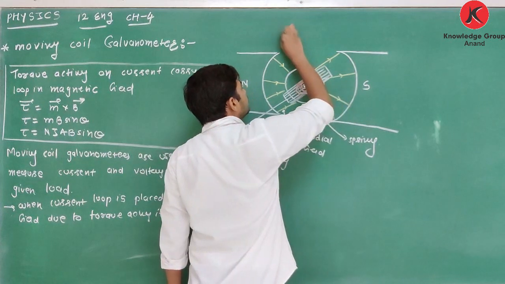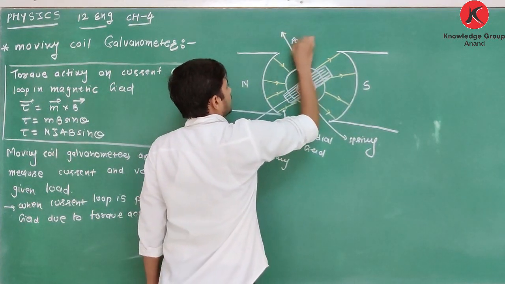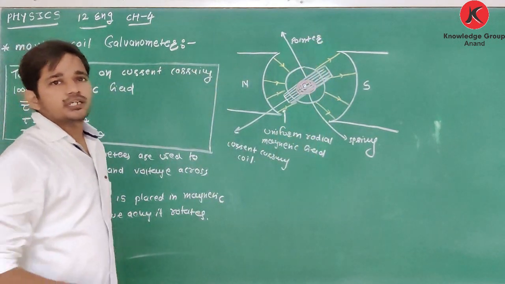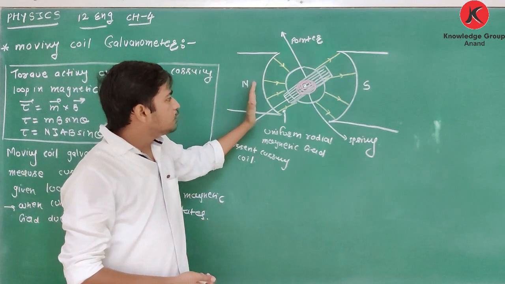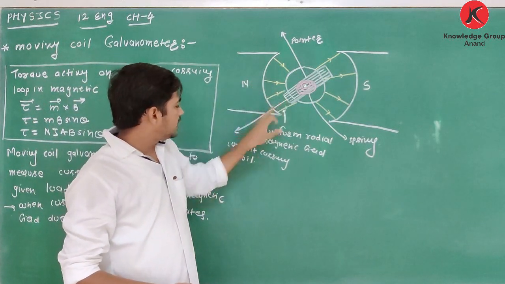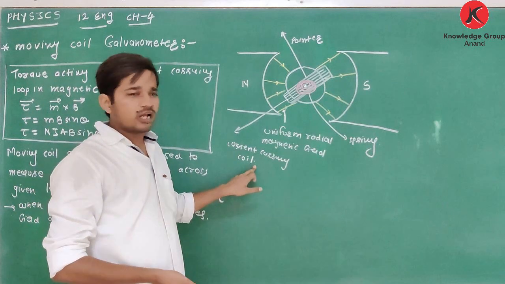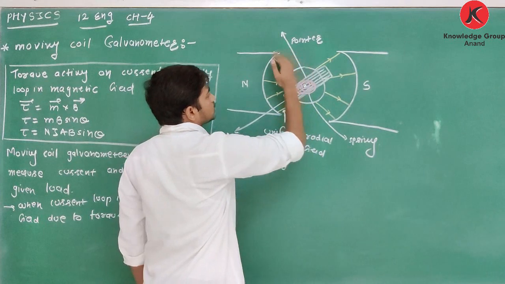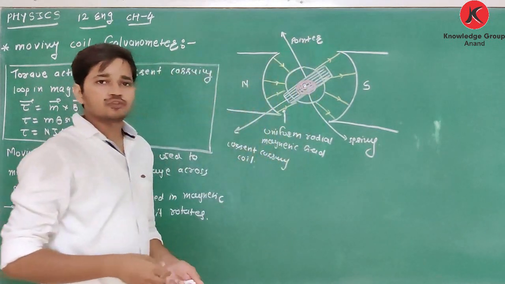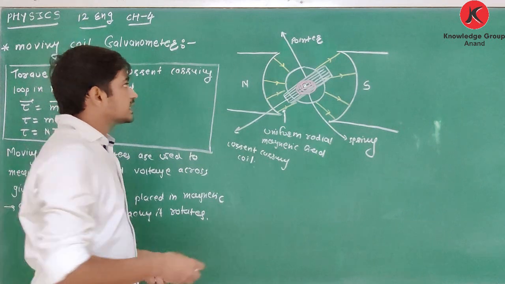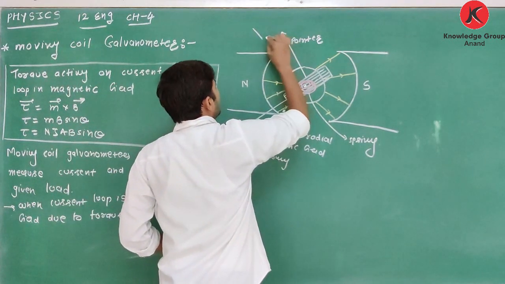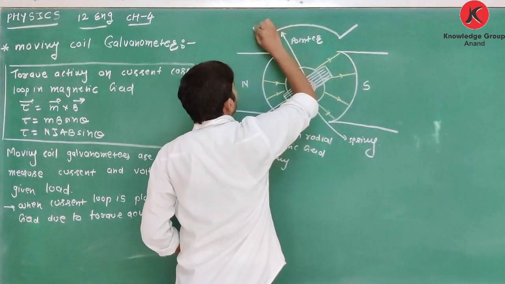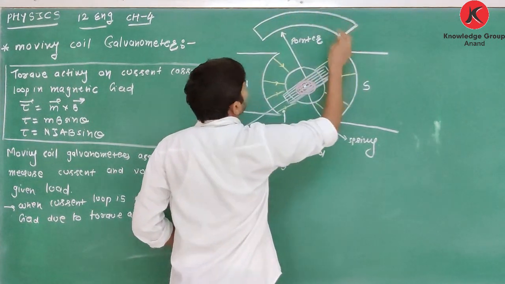When current is flowing in the coil, due to the magnetic field, it performs rotational motion. As the coil rotates, this pointer also moves, and the pointer moves on a circular scale like this. Clear about this?